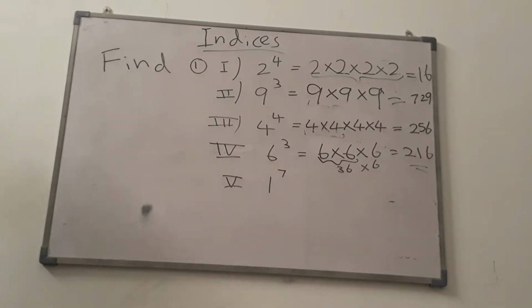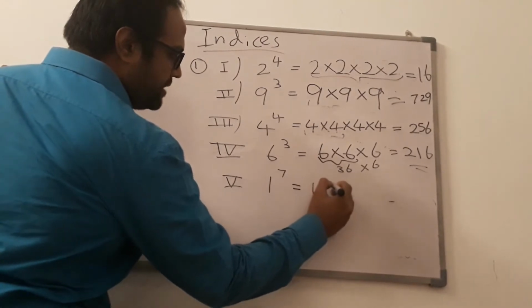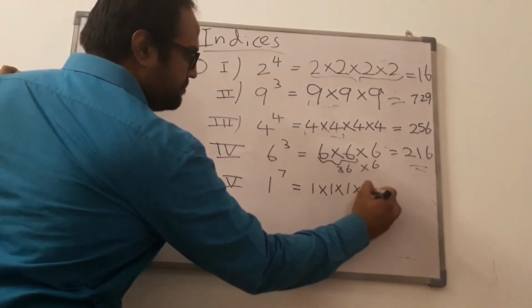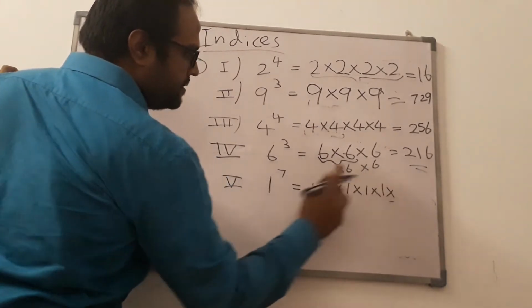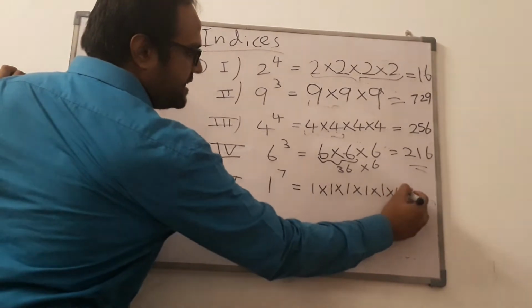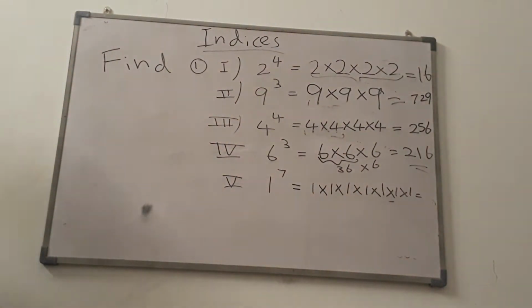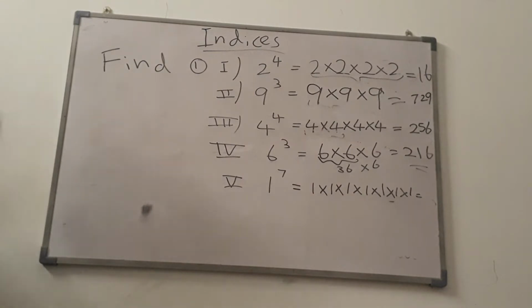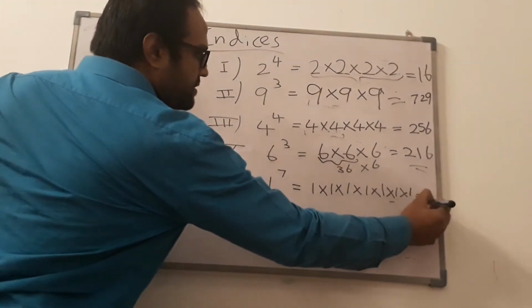Next is 1 to the power 7. 1 to the power 7 means 1 by itself 7 times, so 1 has to be multiplied 7 times: 1, 2, 3, 4, 5, 6 and 7. 1 times 1 is 1, and that 1 times 1 again is 1. So when you multiply 1 by itself however many times, the answer is 1.